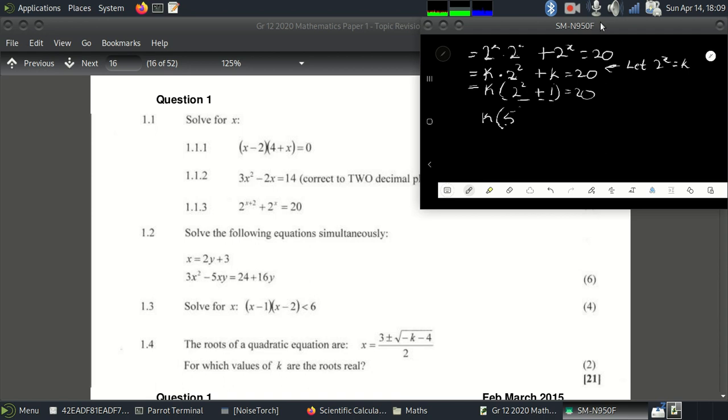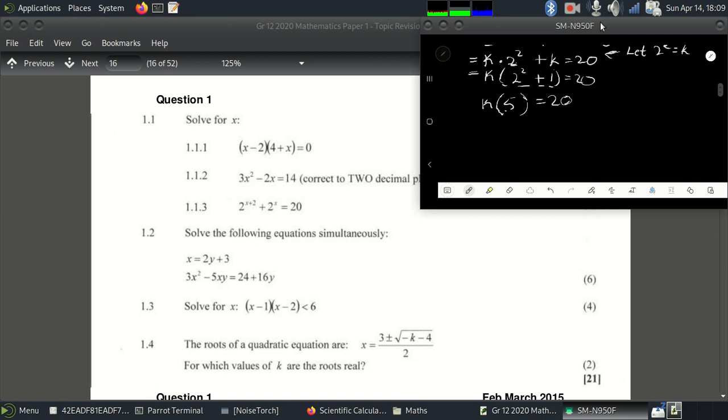So I have 5k, essentially, and this is equal to 20. Perfectly fine. I divide both sides by 5. 20 divided by 5 would be 4. So k is equal to 4.